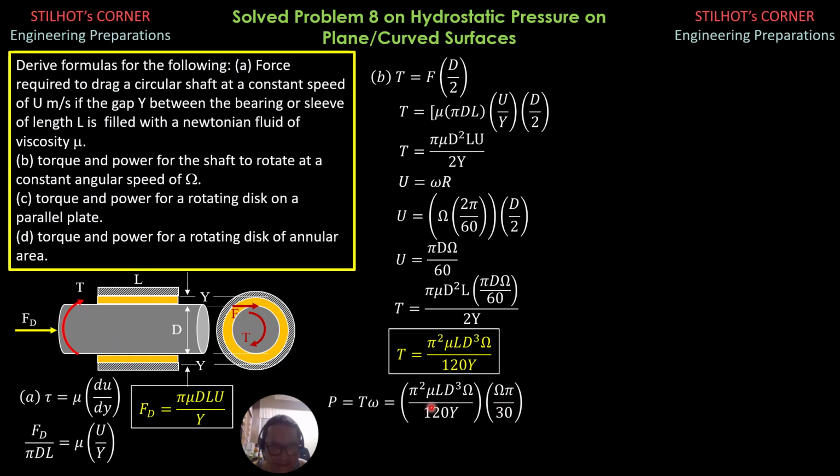So simplifying this, power equals pi cube mu L d cube omega square over 120 times 30, that's 3600 y. So pi cube mu L d cube omega square over 3600 y.